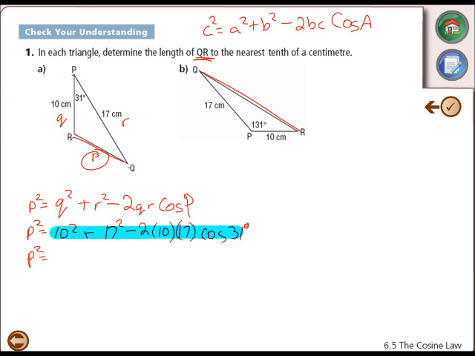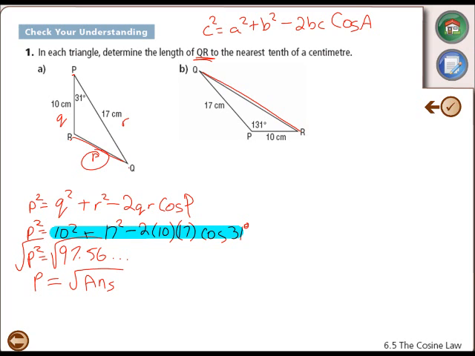p squared is equal to, when you plug it in, check it out for yourself, 97.56 dot dot dot. I have to leave that in my calculator and square root the answer. Okay, so we're now going to square root both sides. So p is equal to the square root of the answer.